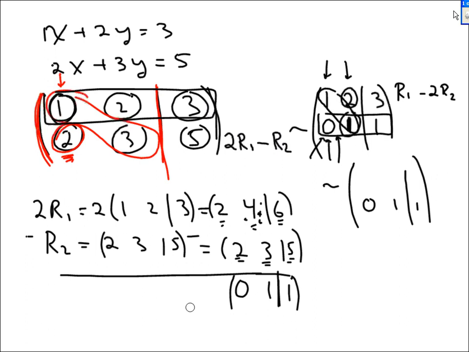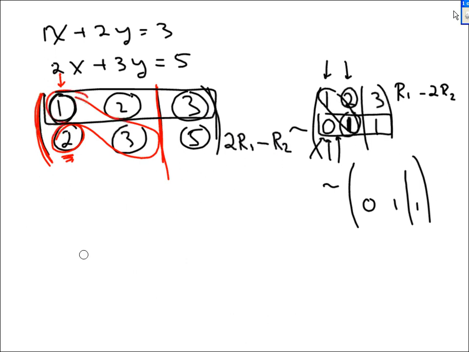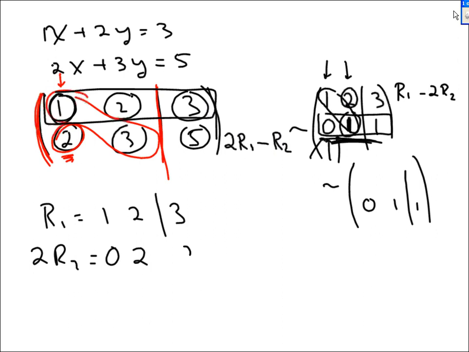Let's do this on the bottom here. Row 1 is 1, 2, 3. Two row 2s: just double everything in row 2, 2 times 0, 2 times 1, 2 times 1. And subtract: 1 minus 0, 2 minus 2, 3 minus 2 is 1.